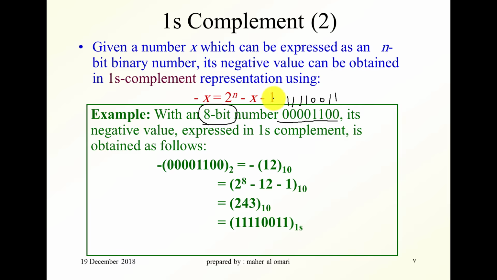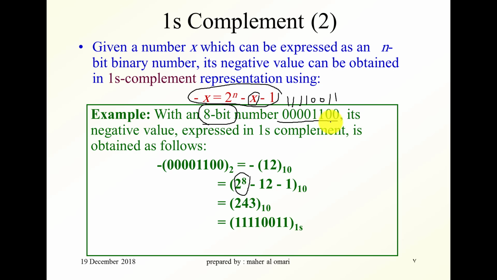Or you can use this formula to find the negative of x: 2 to the n, where n is the number of bits, which is 8. 2 to the 8, which is 256, minus the number.